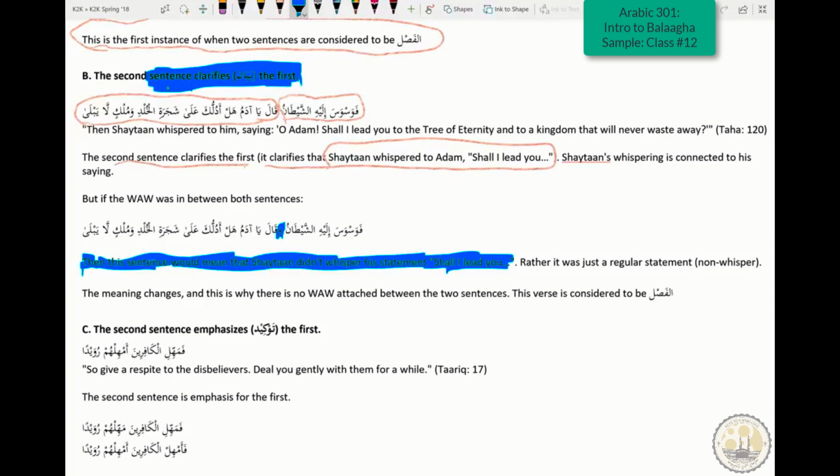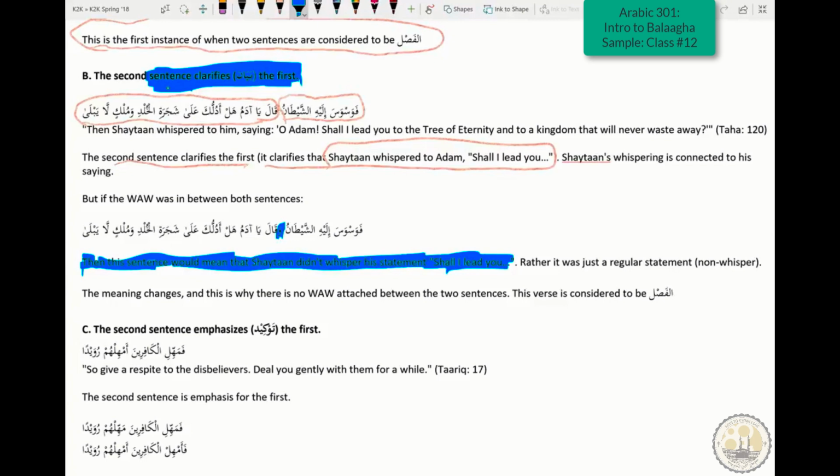Rather, it becomes its own independent sentence. Meaning, when he made that statement to Adam, he didn't make it while whispering. He just said it in regular speech or any other type of speech that is not whispering. He conveyed that message to him, not whispering.